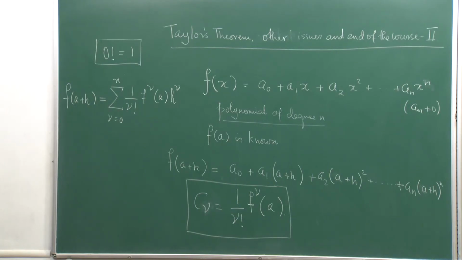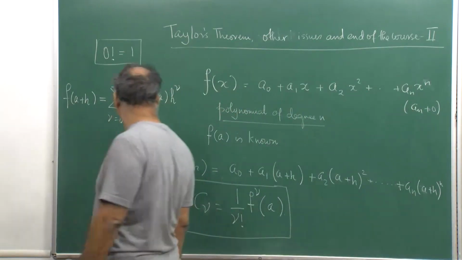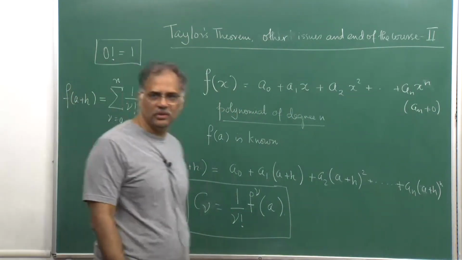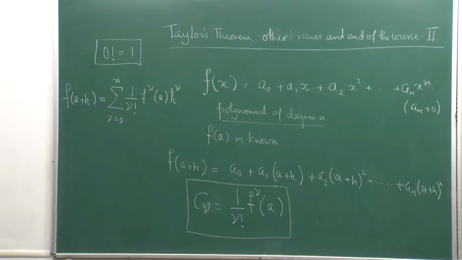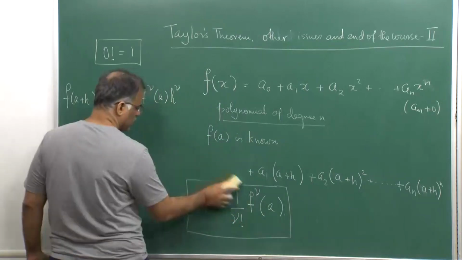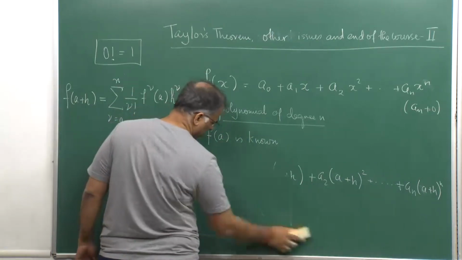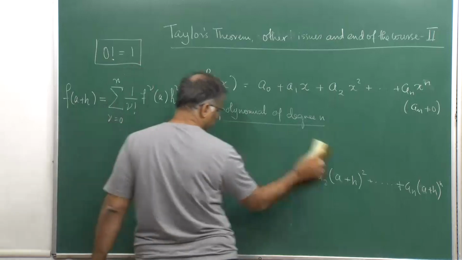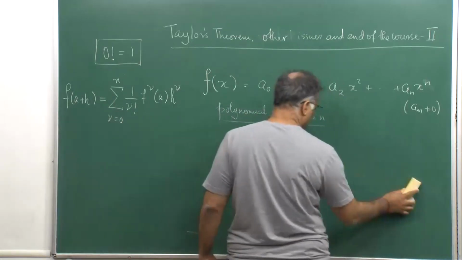So, the intuition that Newton gave to Taylor was the following: if you do not have a polynomial function, then what would be the situation? Suppose f is differentiable and continuous up to n times, or differentiable n plus 1 times, whatever.